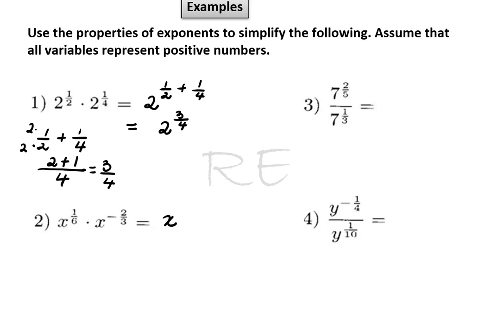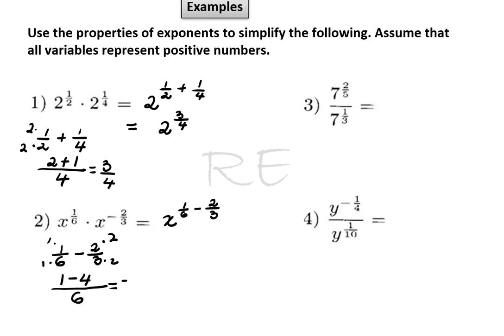X to the 1/6 times x to the negative 2/3 will be x to the 1/6 minus 2/3. The common denominator is 6, and 1/6 will not change. Minus, and 2/3 will be 4/6.